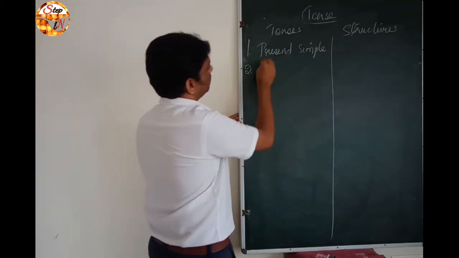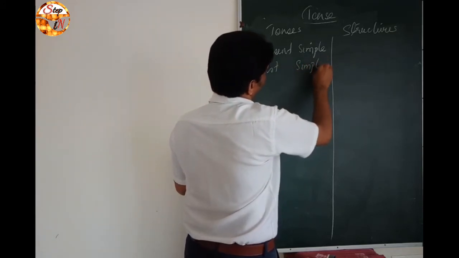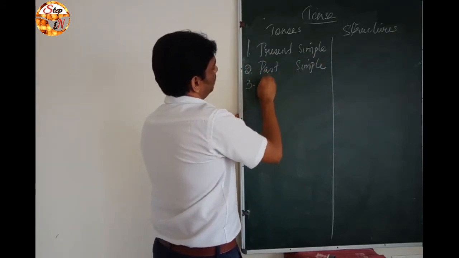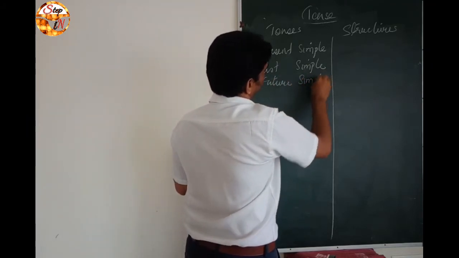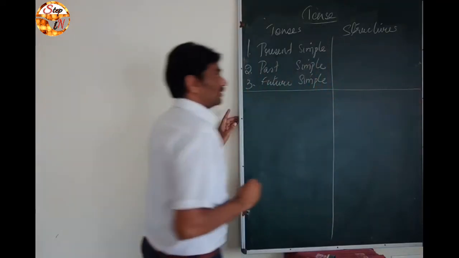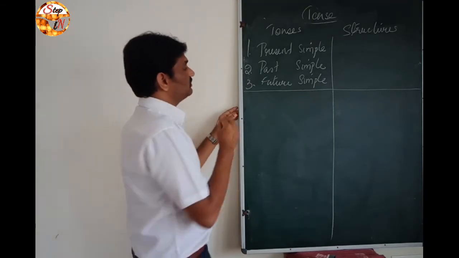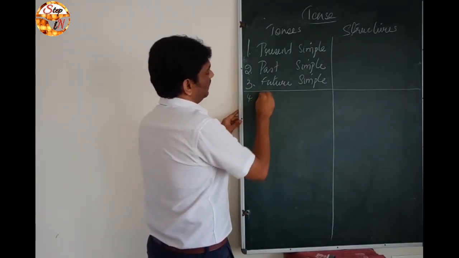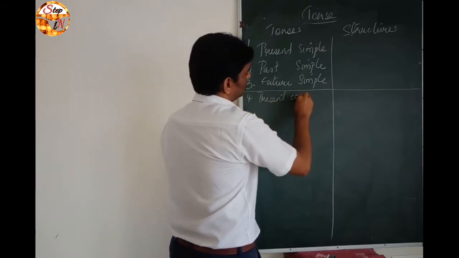The next one, of course, is past, then past simple. Then we have future tense, so the future simple. Now the first three are over. Let me list out all the tenses now so that it is very easy for you. The fourth one, we can have the next aspect beginning with present continuous.